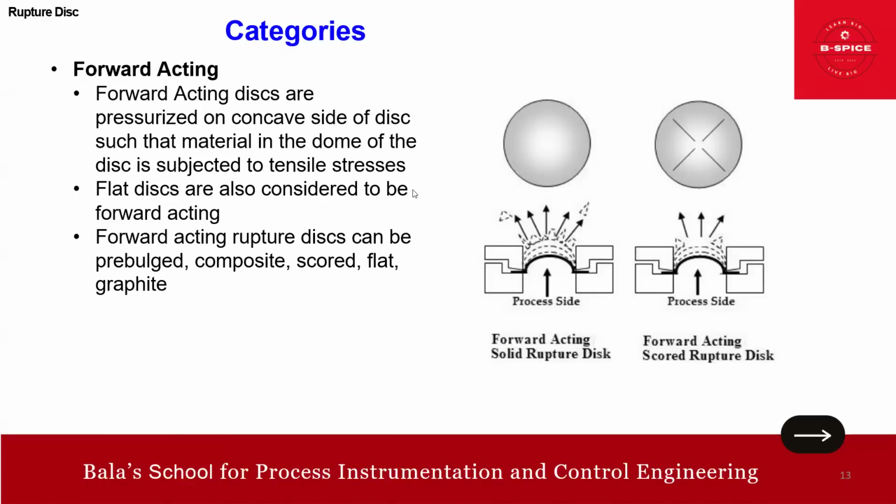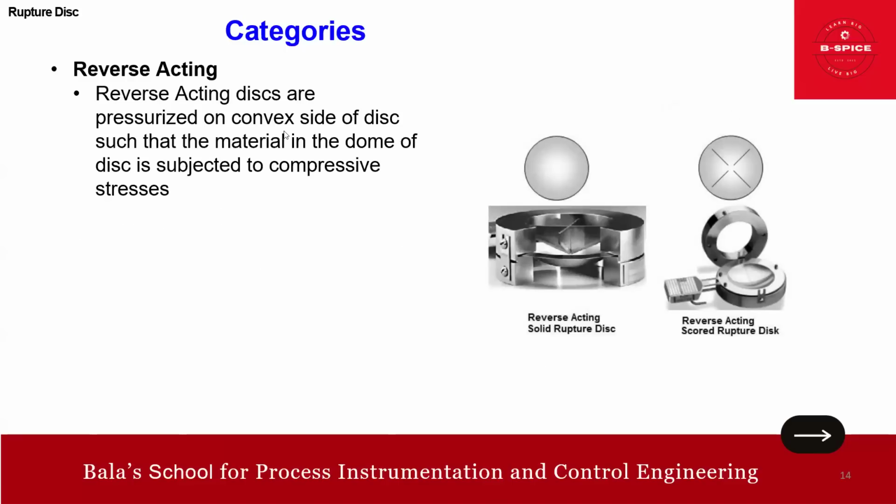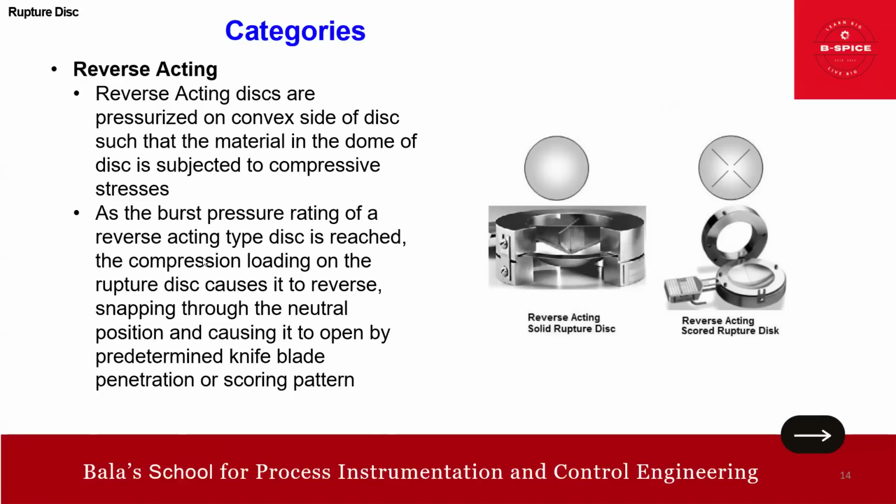Flat discs are considered to be forward acting. Here, the concave side of the disc is subjected to tensile stress. But here, the convex side of the disc is subjected to compressive stress.